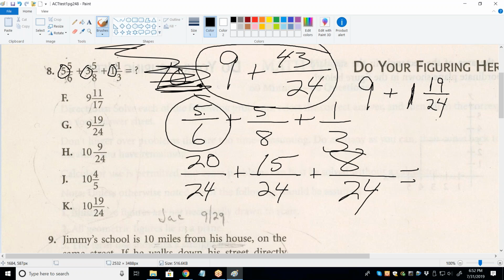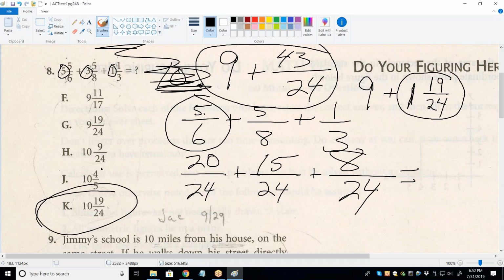This right here is 43 24ths. Now combine that with 9. What do you get? So it's this answer right there, correct? Now, you see why this problem would have been tough using a calculator?